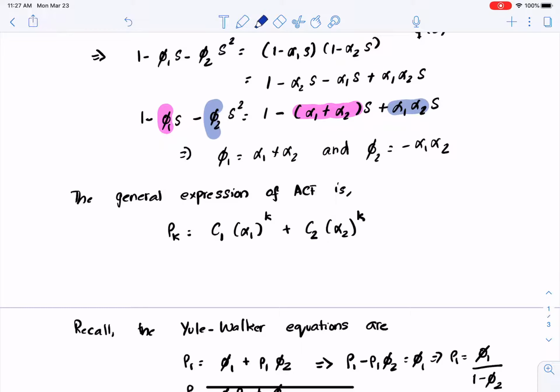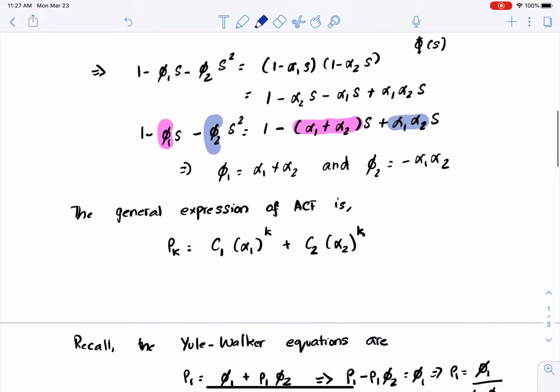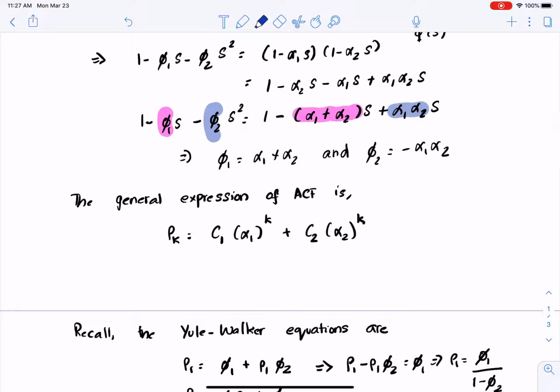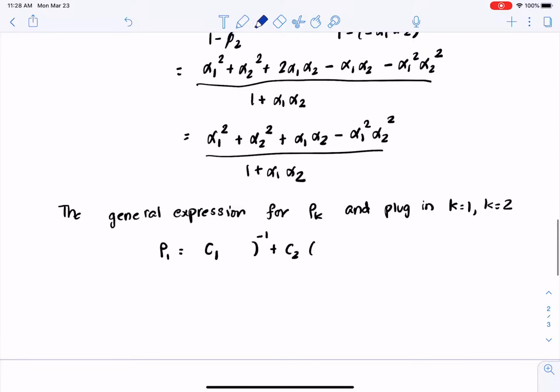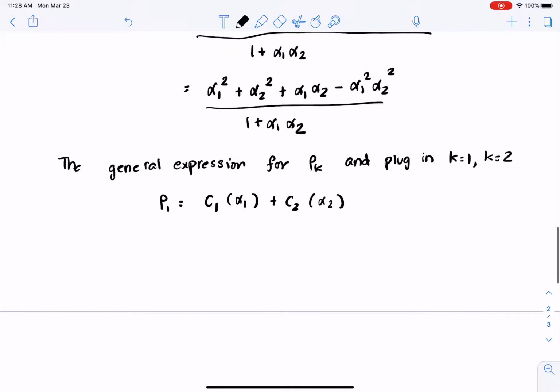We have represented alpha as the negative of the root, so this expression should only contain positive k's. So what we will have here is alpha 1 plus alpha 2 raised to 1, and rho 2 would equal C1 alpha 1 squared plus C2 alpha 2 squared.